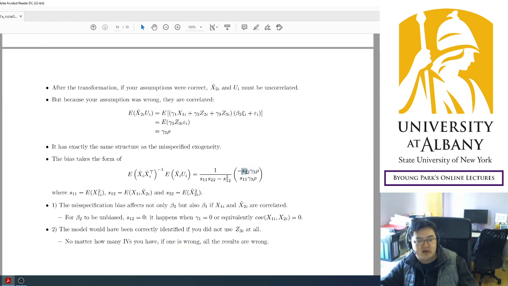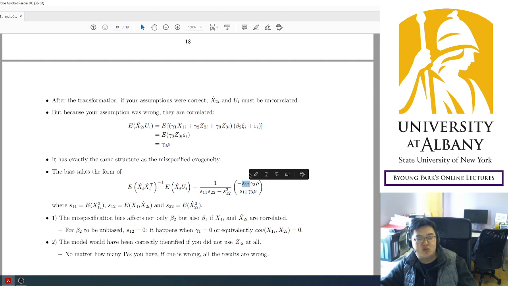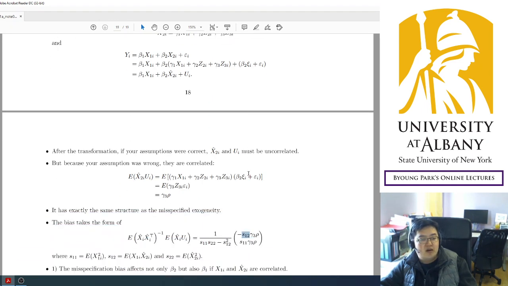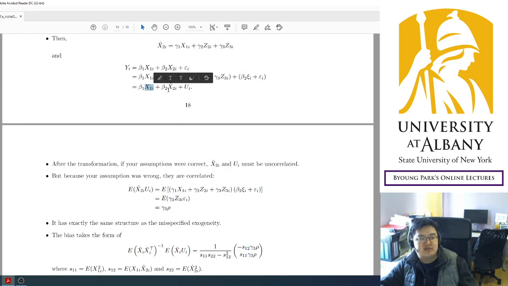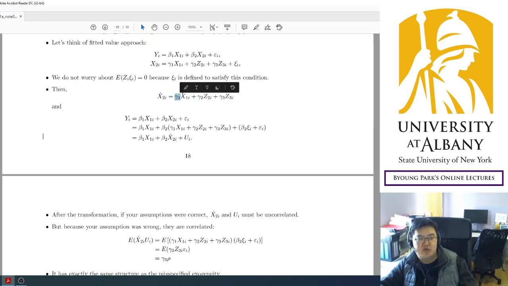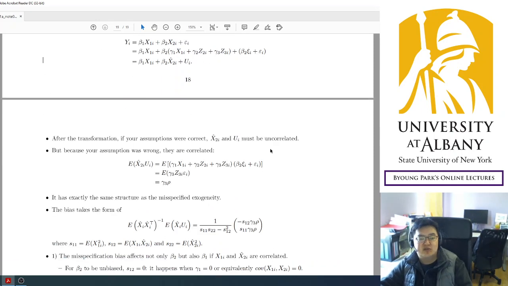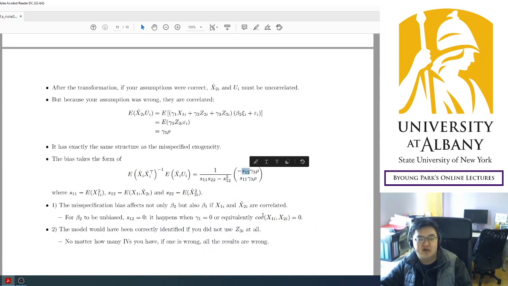So that's the second part. And the third part, S12, it is the covariance between this and this, this and that. For the covariance between these two to be 0, Z2 and X1 and Z3 and X1 must be uncorrelated. So all of those are included in here.